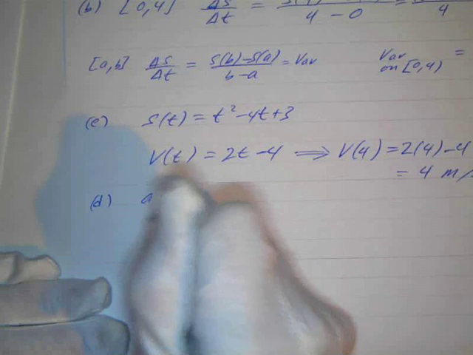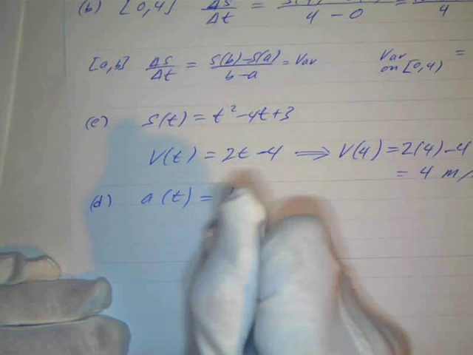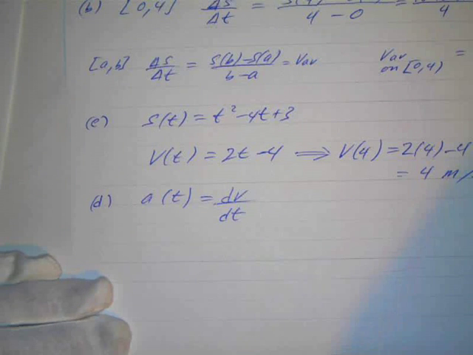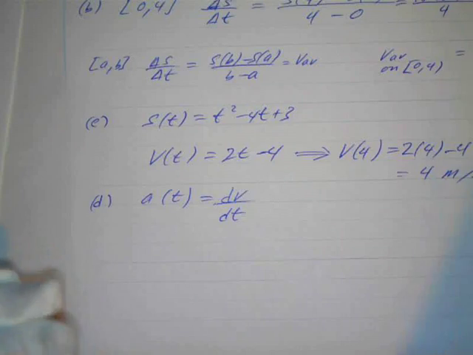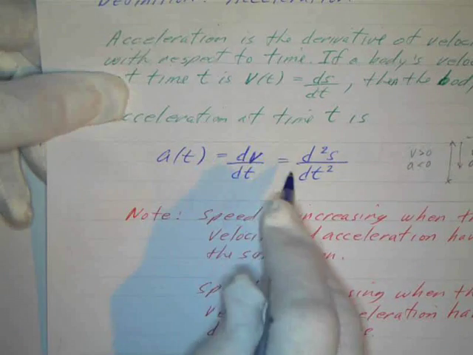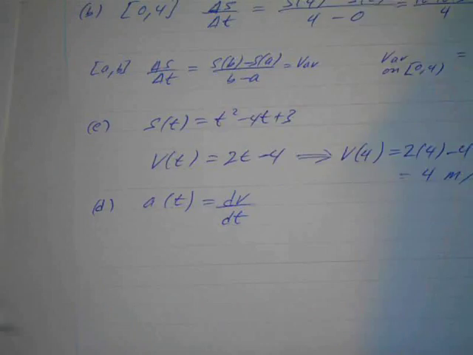Well, the acceleration we know is just the derivative of the velocity. That's also from your notes. If you look back there, you'll see that. Right here. Acceleration is the derivative of the velocity. So I just take the derivative of the velocity.